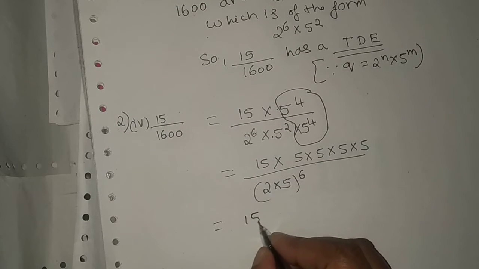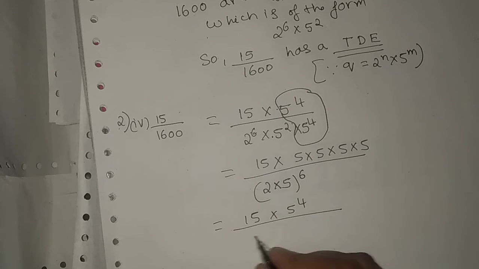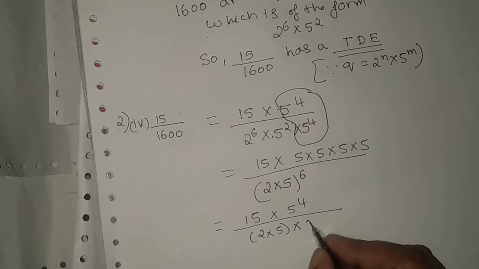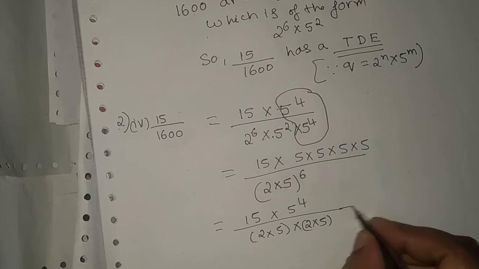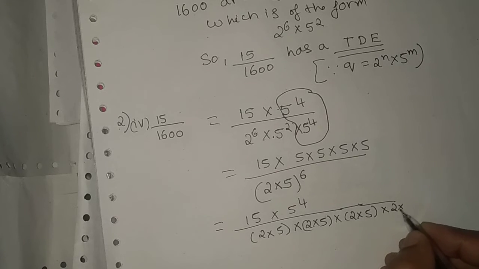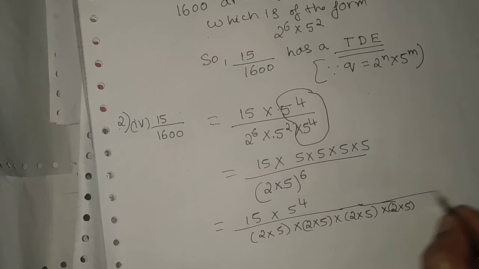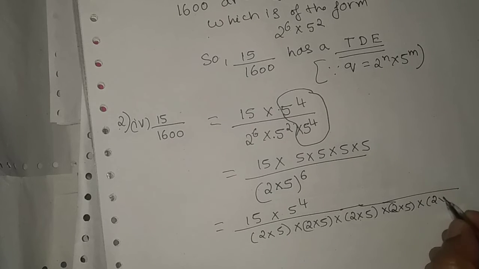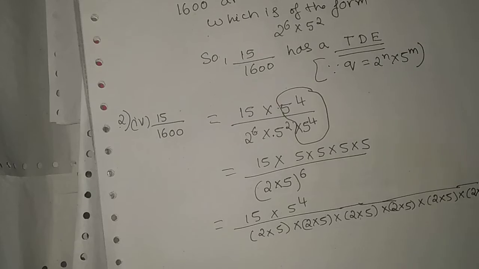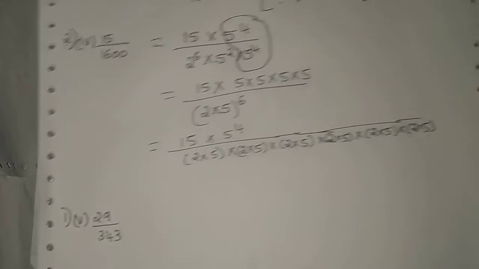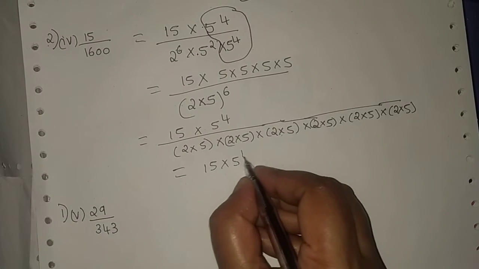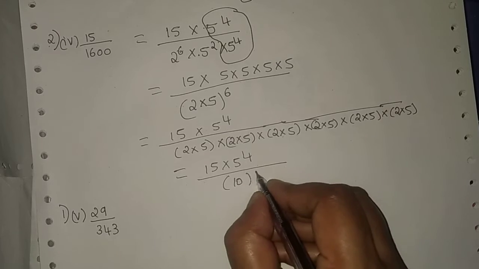So therefore 15 into 5 power 4 by 2 into 5, 6 times, which is 10 power 6. Therefore finally we write 15 into 5 power 4 by 10 power 6.